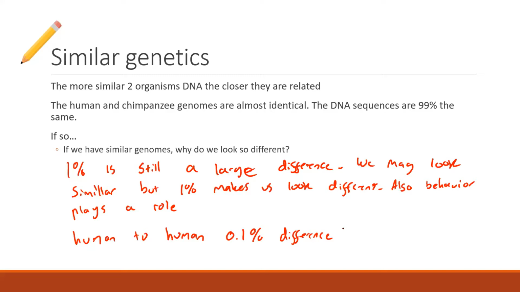That means if you changed a handful of genes in Kevin, you could get someone that looks identical to Tina. And when I say handful, I'm not talking about replacing every single gene. You only have to replace 0.1%, 1 in every 1,000 genes.